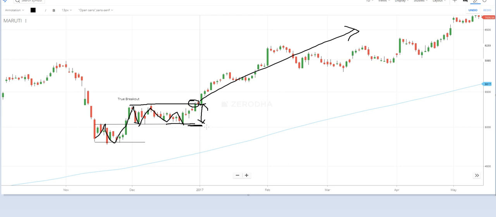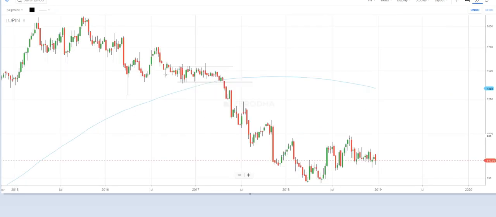Let us understand a second example. Here you can see Lupin is in a downward momentum. Here it goes into this particular range. It goes down, it goes up, right? It goes down, it goes up, and eventually what will happen?